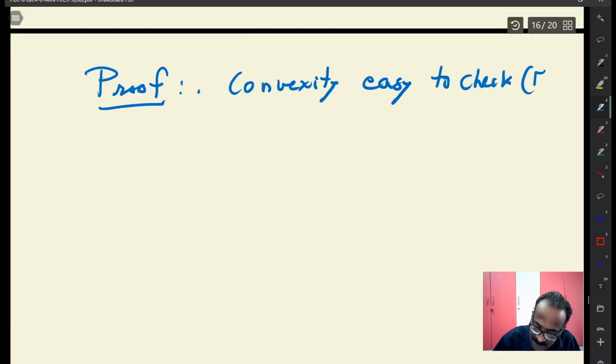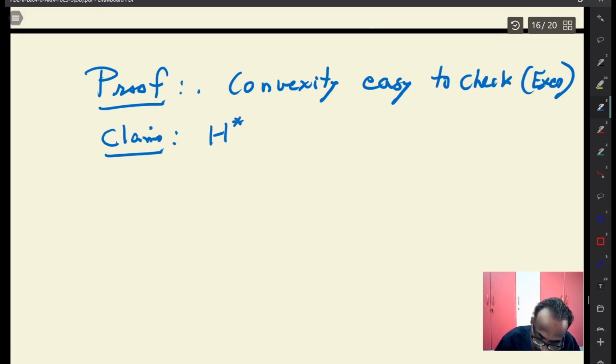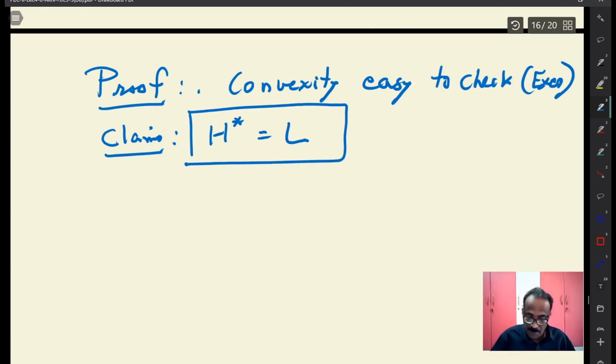That is your exercise. What you want to prove is the claim, maybe I will prove one side: that H star is equal to L. All the other things are proved. Coercivity also you can prove.